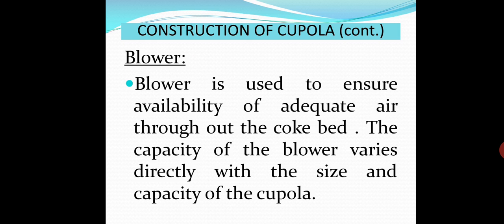On top of the sand bed there is a coke bed. So this blower ensures availability of adequate air. That means the capacity of the blower is designed considering the size and the capacity of the cupola, and the amount of air required for the combustion.